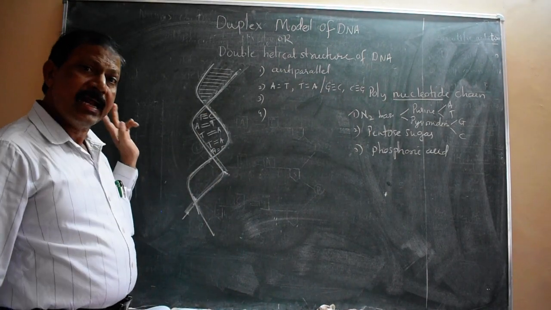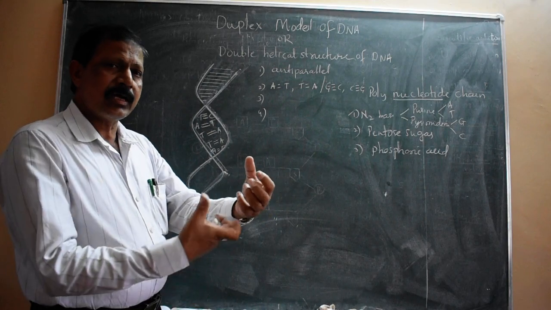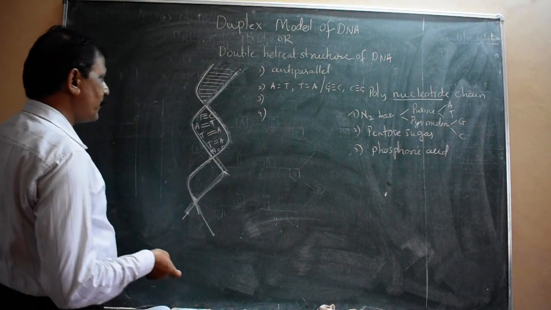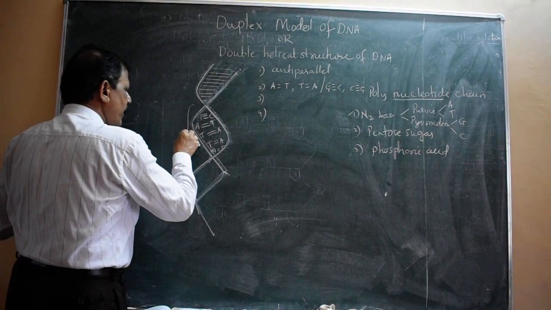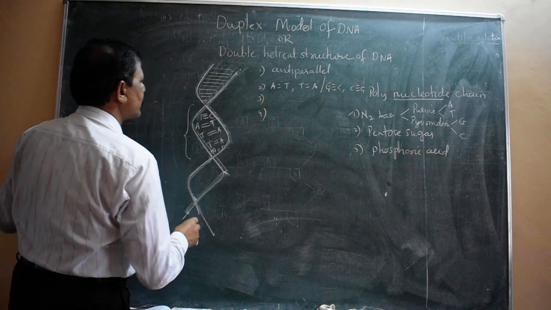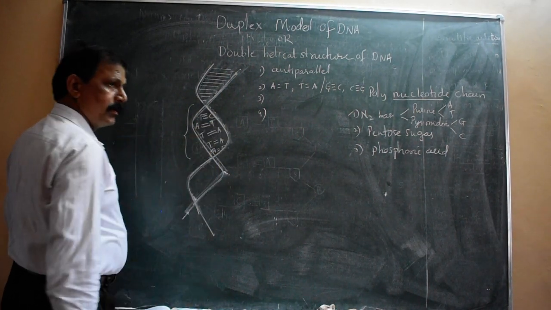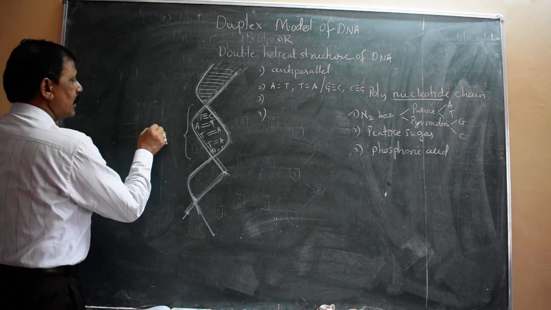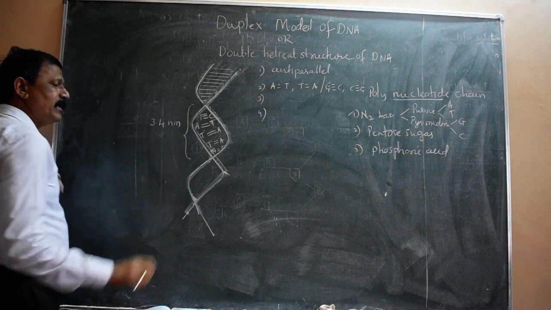So like this I have to write a total of 10, and the DNA strand helically coils in a right-handed fashion. Helically coiled in the right-handed fashion means that in a single coil there must be 10 nucleotides. I have written only 5 here, but the 10 nucleotides must be present, and the distance of this is about 3.4 nm.